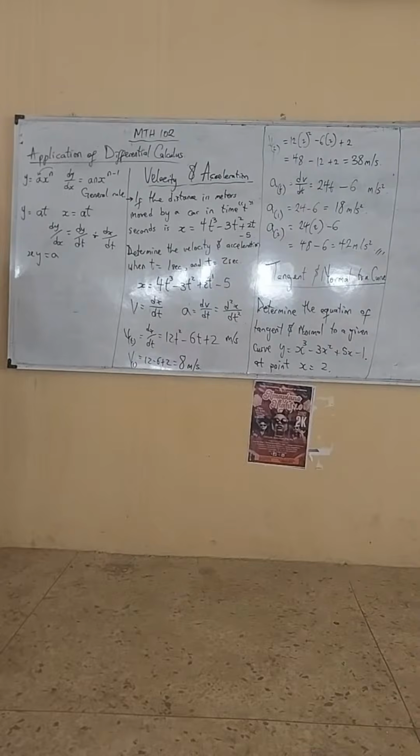So these 4 things we are going to talk about under this tangent and normal to a curve: implicit, explicit, parametric, and trigonometric derivative. We take an example for each of them, then we solve it to get the equation of tangents and normal.